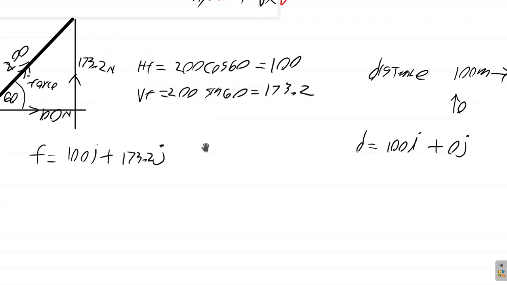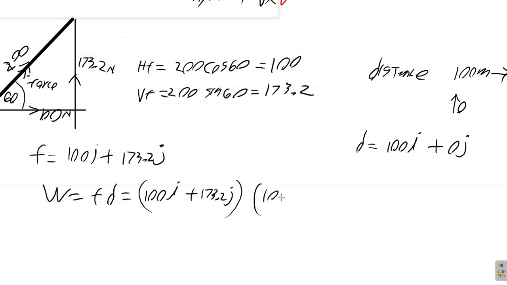No, you're not adding them, you're multiplying them. So what you're finding is what they call the dot product. You remember the dot product from the previous video? So the work is equal to force times distance, which is going to be 100I plus 173.2J times 100I plus 0J.